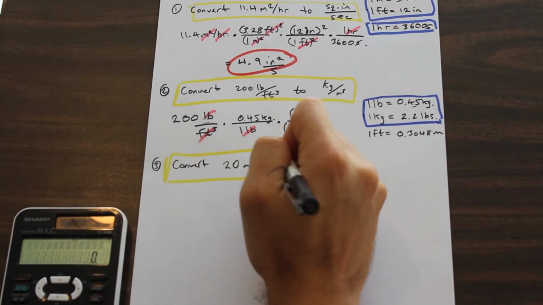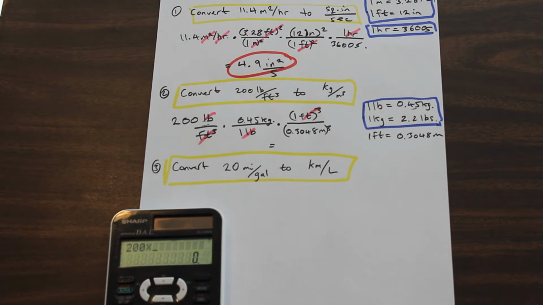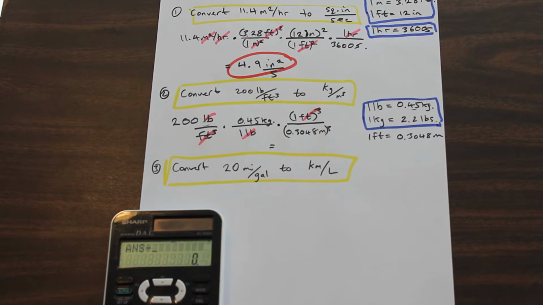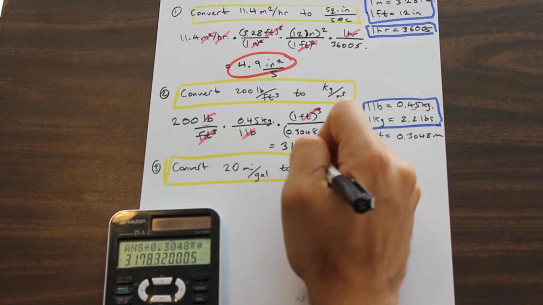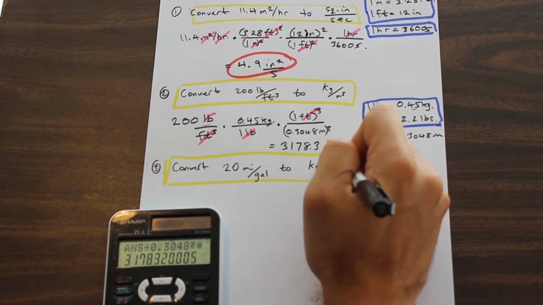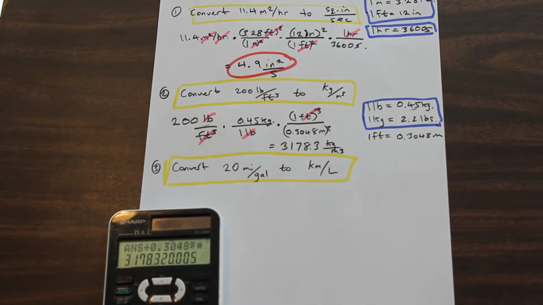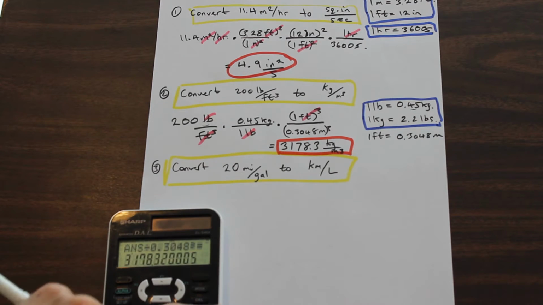So that is going to be equal to 200 times 0.45, divided by 0.3048 cubed. Cool, and that will give us 3,178.3 kilograms per meters cubed. Perfect. Let's go ahead and box that in, and let's do the last question quickly.